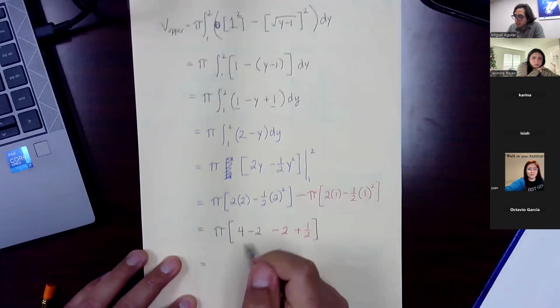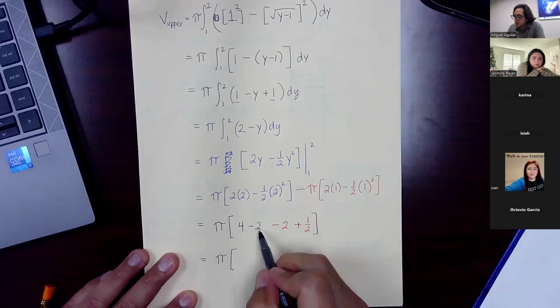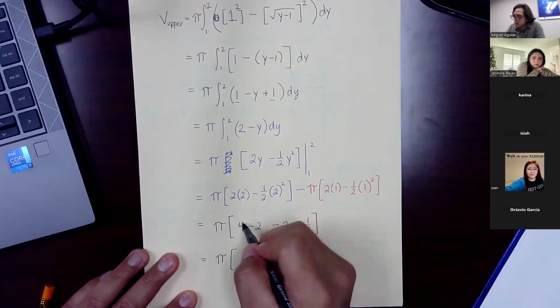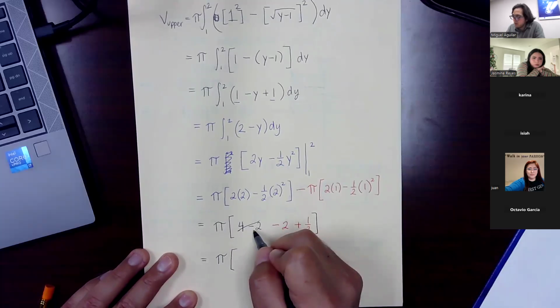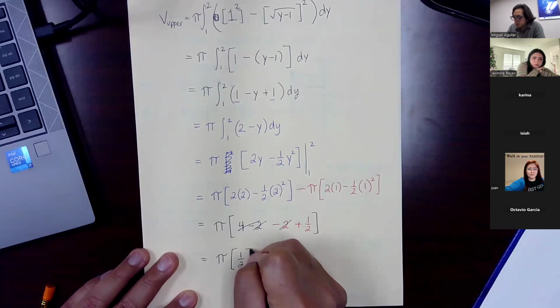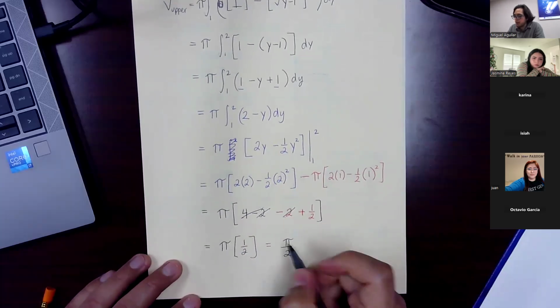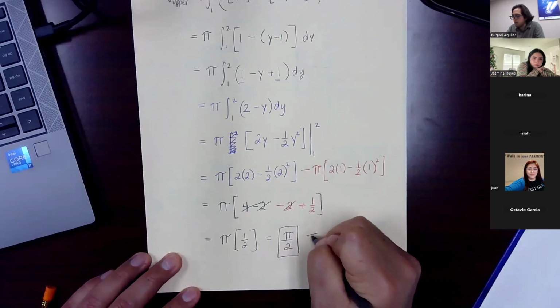Hopefully my mental algebra there didn't fail me, but we're going to get something here. 4 minus 2 minus 2. Those are all going to cancel, right? Because 4 minus 4 is 0. So this is going to be pi over 2, right? And that's the volume for the upper region.